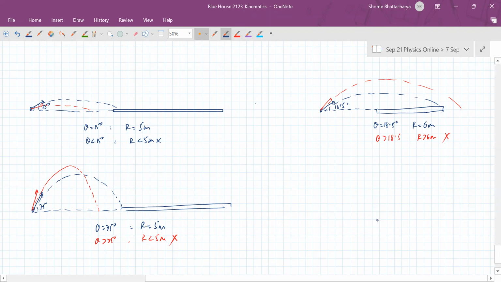Now similarly, look at the complement of this angle. If I project at 71.5 degrees, it's just hitting here. But if I project at less than 71.5 degrees, it's going like this.